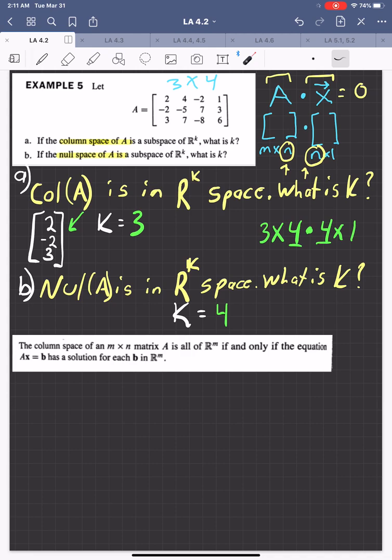Let me make sure you understand. Come with me back up here to part A. Do you agree with me that since K is equal to 3, the column space is in R3, three-dimensional space? What I'm trying to say is the column space will be all of R3 as long as there are no inconsistencies in your equation Ax equals b.